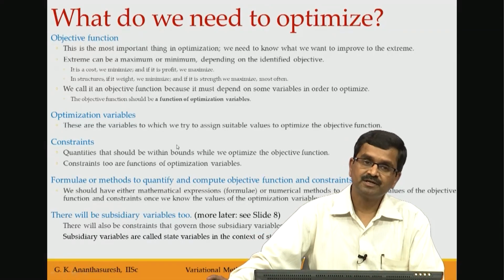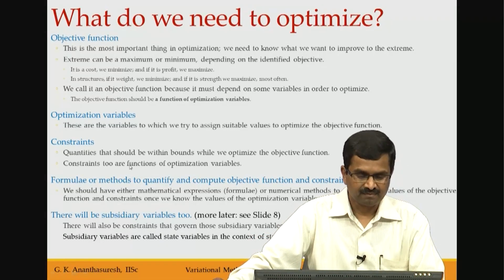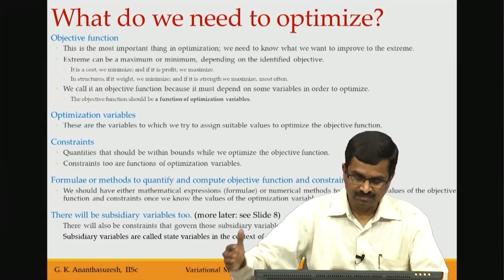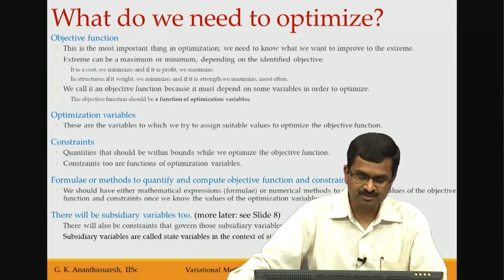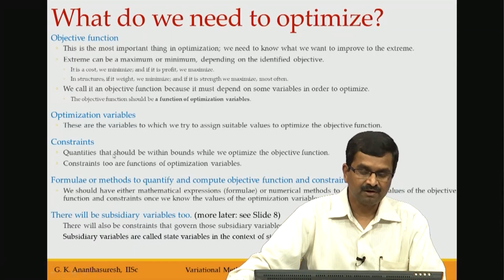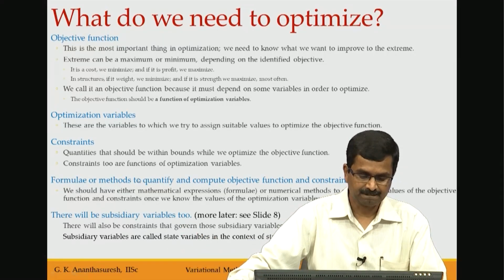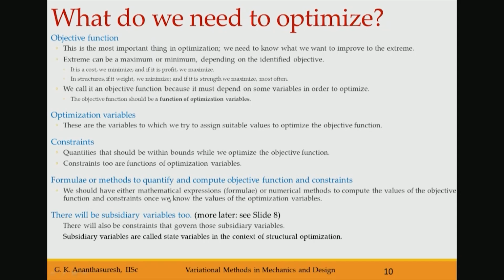They can be bounds on the variables, they can be things that decide the performance of the situation or an object that you have in mind. There will be a lot of constraints. Those constraints can be equalities, inequalities, linear, nonlinear, all of those variants. And you also need some method to compute the objective function and constraints whenever the variables are known. That is something you need to do optimization.